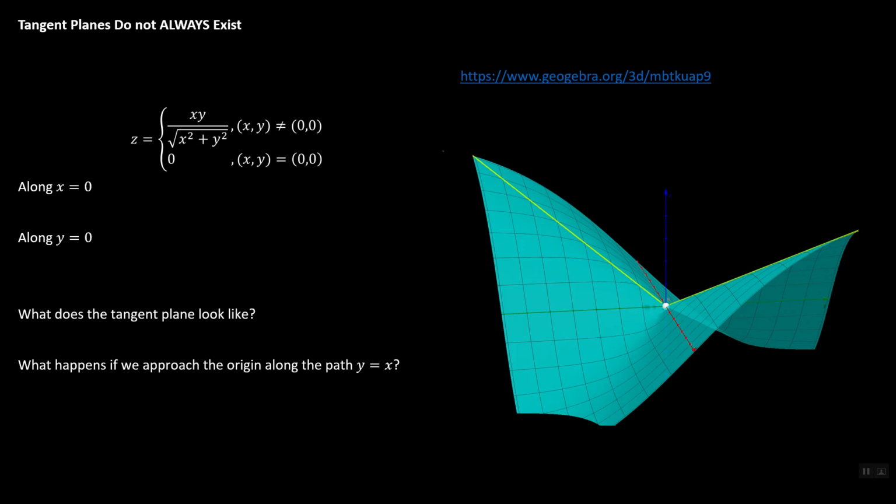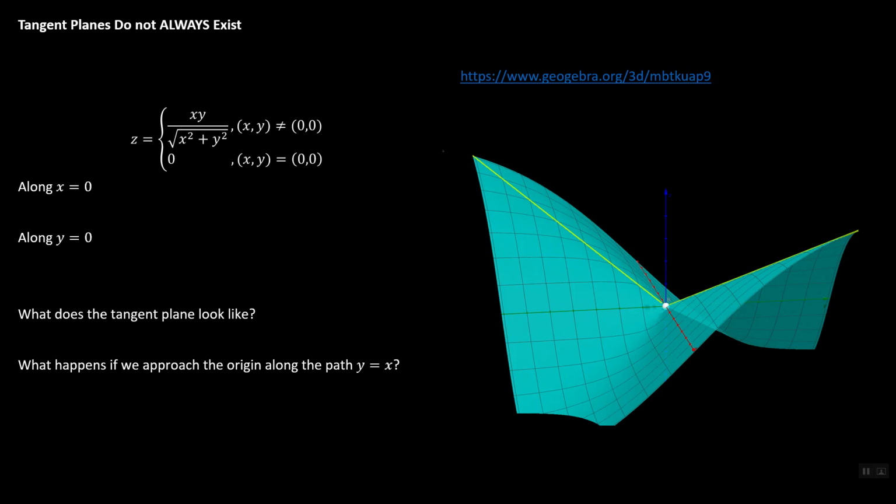On the other half of the yellow line, the slope is positive. And we can see right there at the origin that it makes a sharp V, otherwise known as a corner. If we wanted to find the tangent line to that yellow line at the origin, it doesn't exist because we know corners are not differentiable.